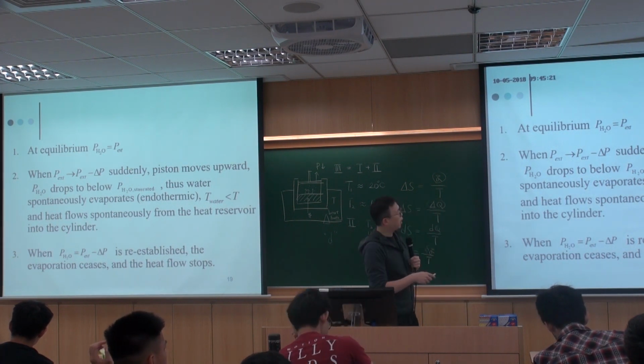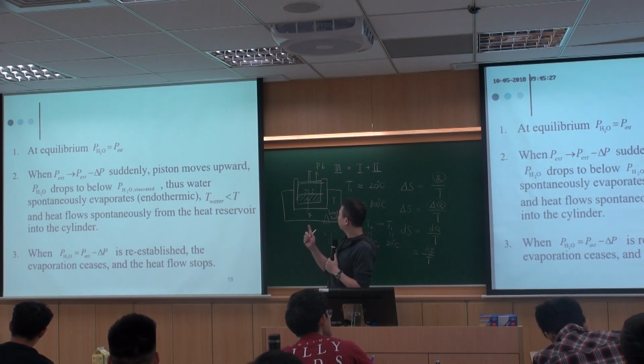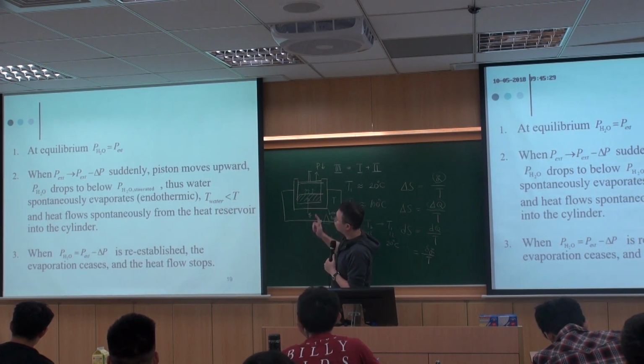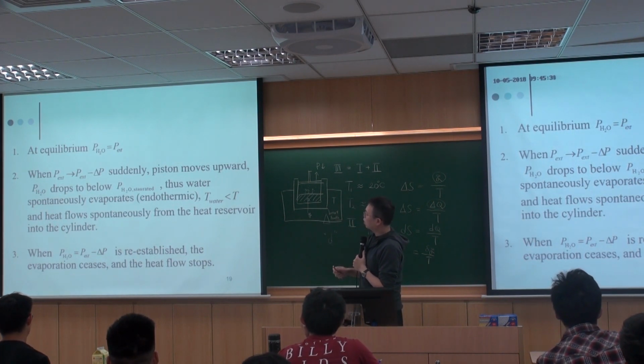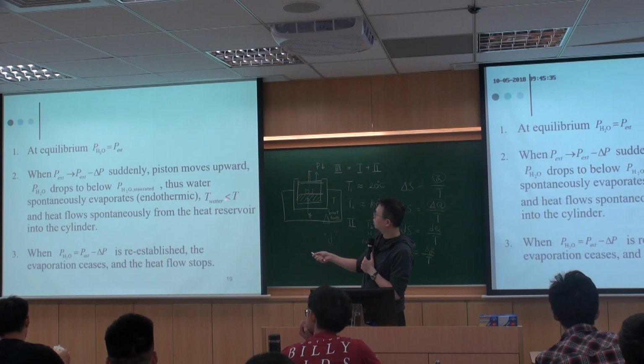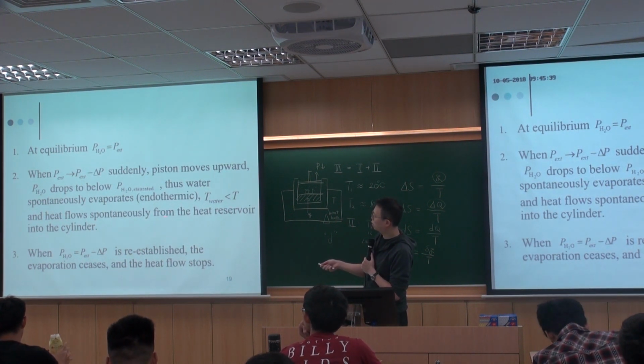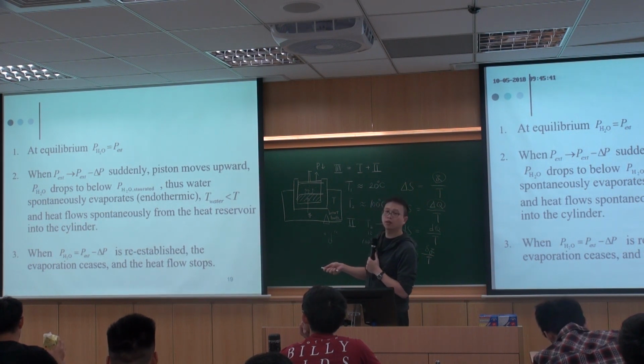And we know that, again, this is an endothermic process. Therefore, the heat will flow from here to here. And in that sense, the temperature of the water is less than that of the heat bath. So heat flows spontaneously from the heat reservoir into the cylinder.